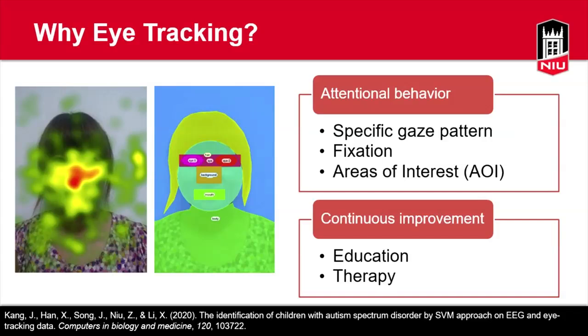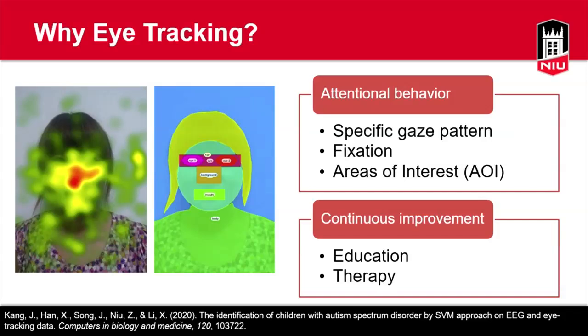Another key point is the area of interest, called AOI. In the right photo, we can target and define some interesting areas. That way we can understand how much time they spent on what the task was designed for.